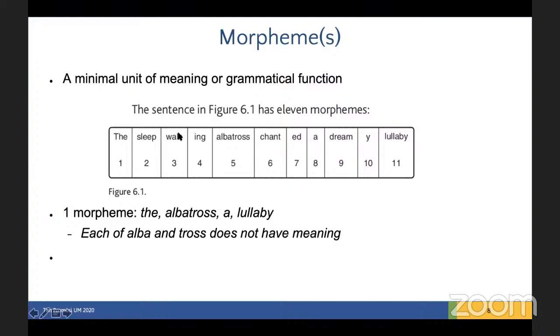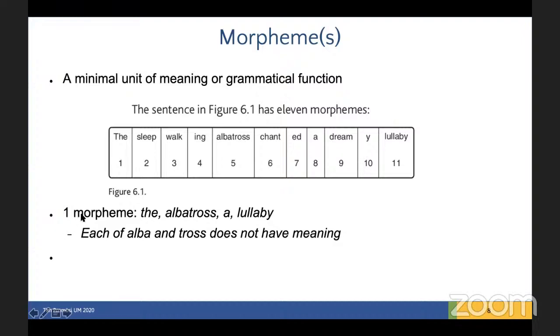So in the sleep, walking, albatross, chant, dream, that's one morpheme, and y is another morpheme, and dreamy is the word. And then lullaby. Because this cannot be separated, we cannot say lala and then by, it has no meaning. But the y here has an adjectival meaning, dreamy.